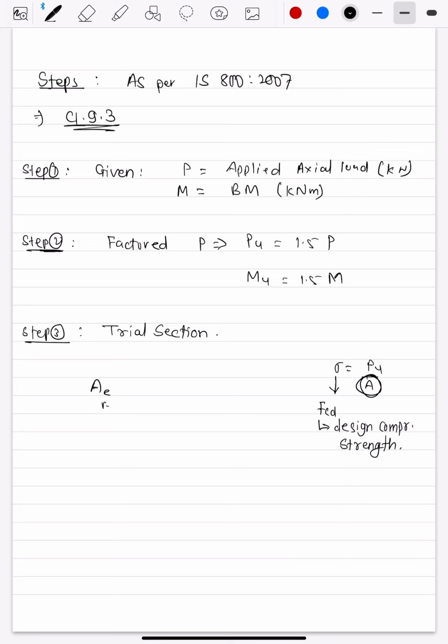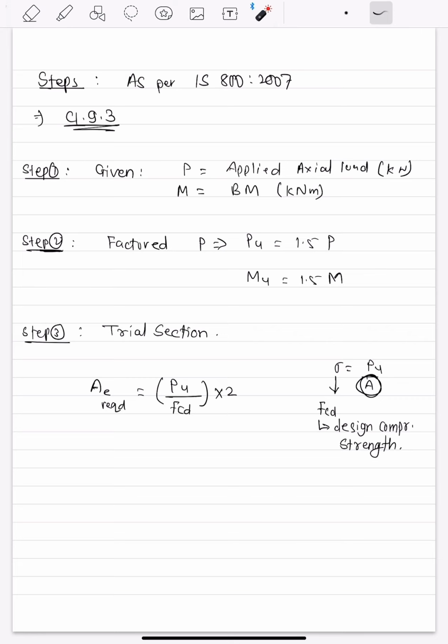So the area required is nothing but PU upon fcd. What you actually do is multiply this area by 2. Why? Because for selecting the trial section you are only considering PU and ignoring MU. To counter the ignored MU, we multiply the area by 2, and we find the area.